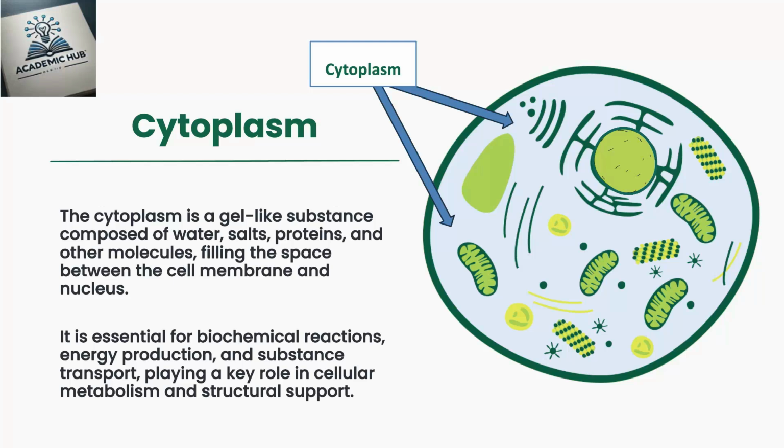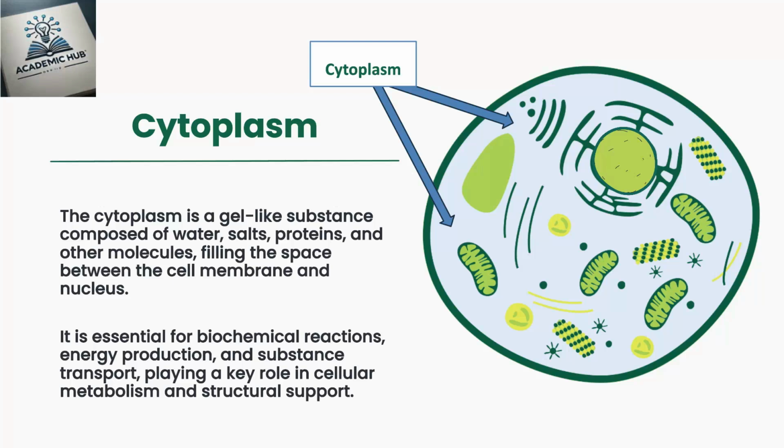Second are the organelles. Different types of organelles like mitochondria, ribosomes, and Golgi apparatus are specialized structures that perform specific cellular functions. Third are inclusions, temporary structures such as stored nutrients, glycogen in liver cells, or pigments, melanin in skin cells.